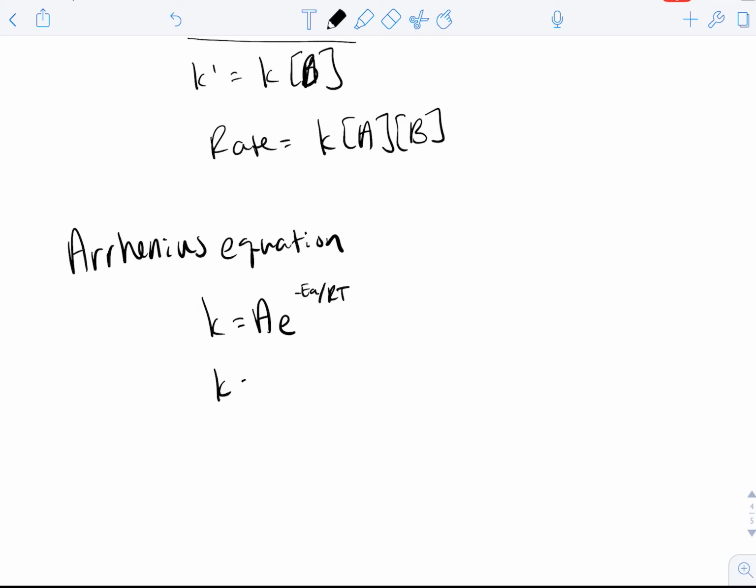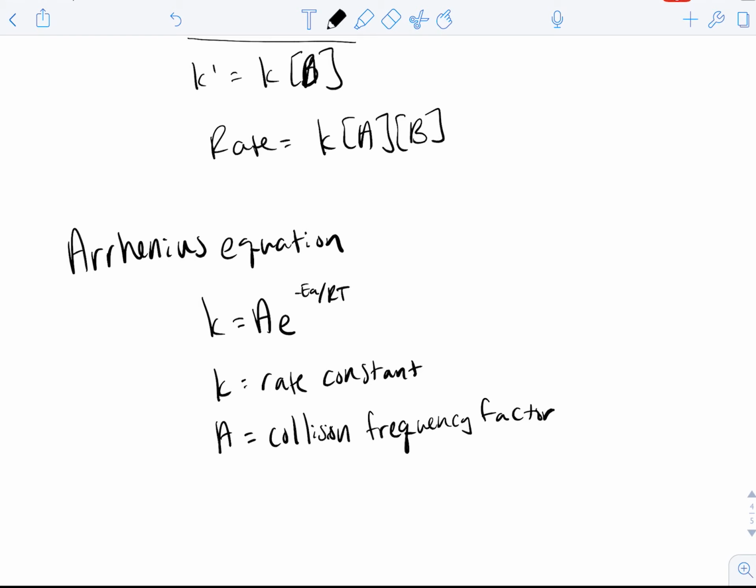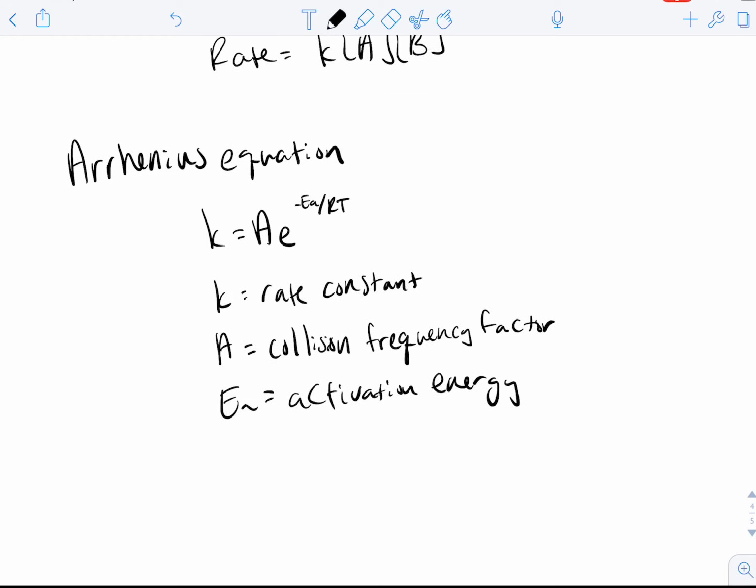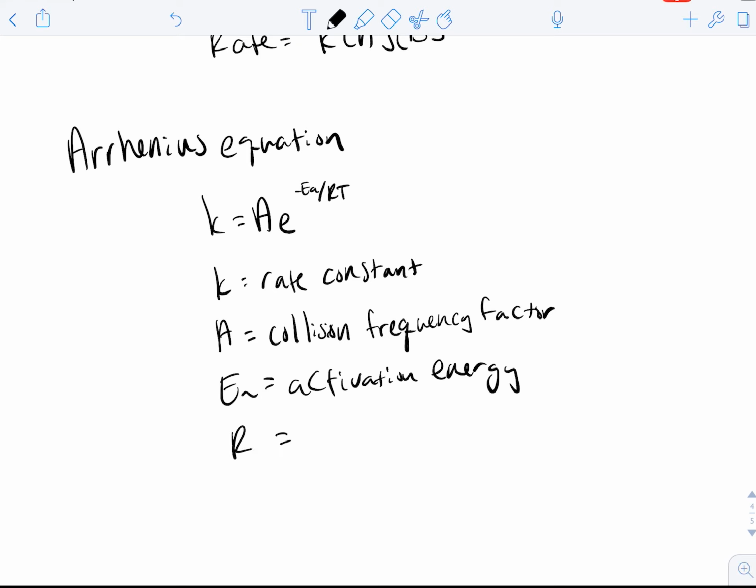So k is our rate constant, A is our collision frequency factor, EA is our activation energy, R is our gas constant, and T is our temperature.